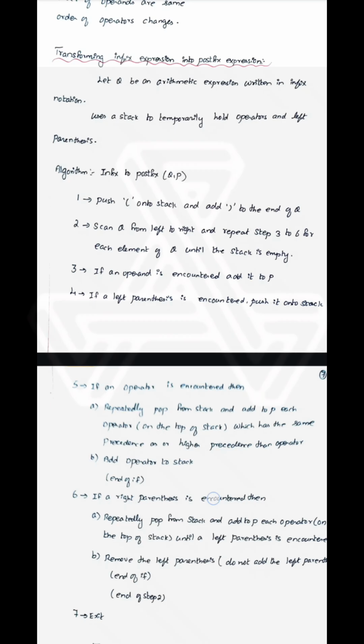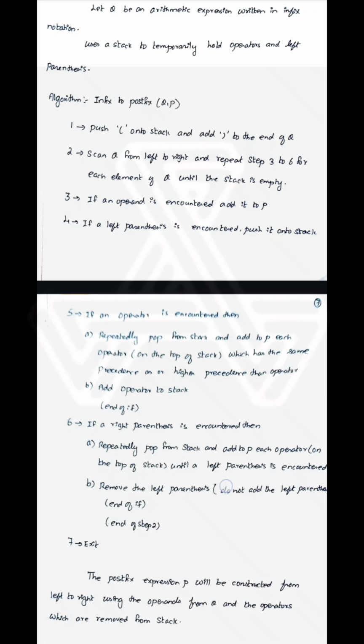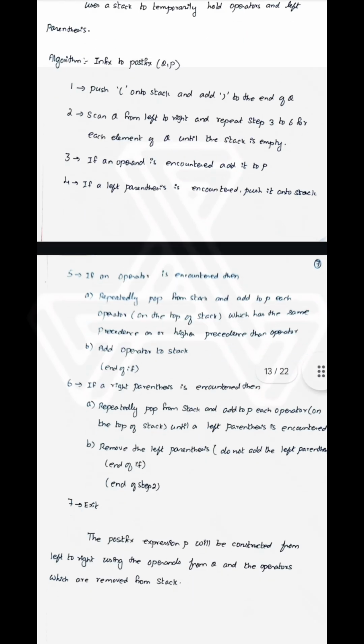If a left parenthesis is encountered, push it onto the stack. If an operator is encountered, then repeatedly pop from the stack and add to P each operator on top of the stack which has the same precedence as or higher precedence than the operator.